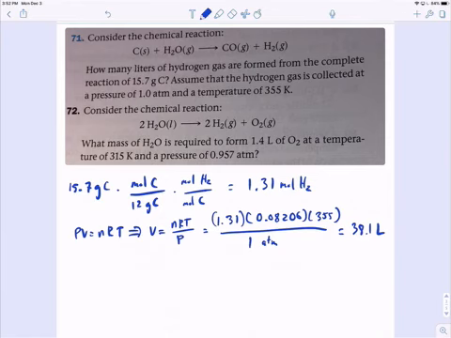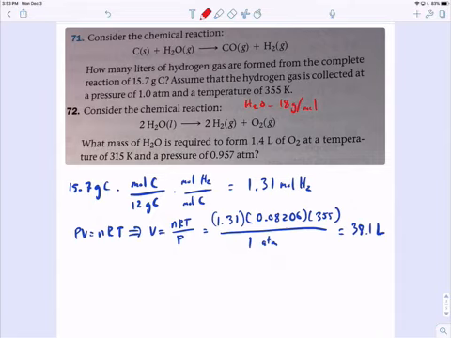So once you try your hand at 72, water, 18 grams per mole. So this is: what mass of water is required to form 1.4 liters of oxygen, at a temperature of 315 Kelvin, a pressure of 0.957 atmospheres?